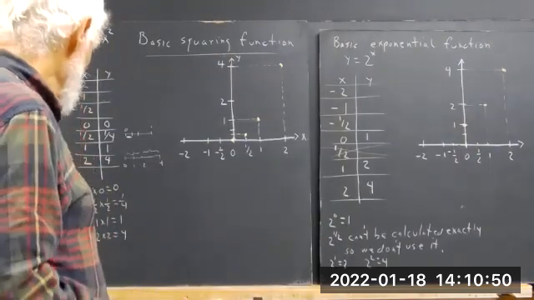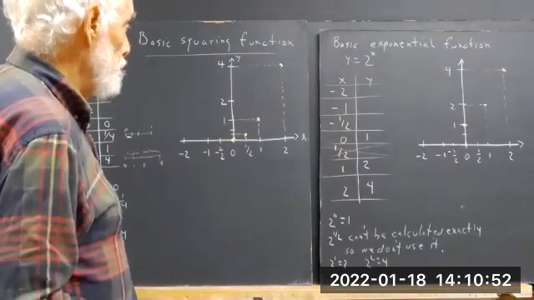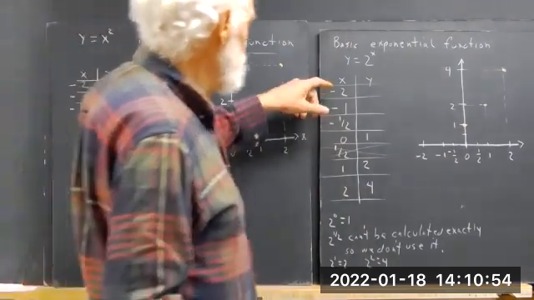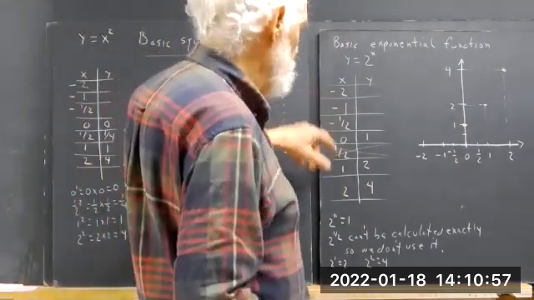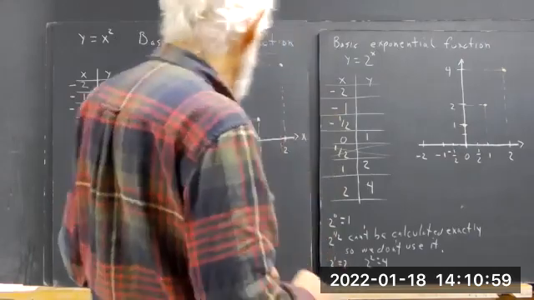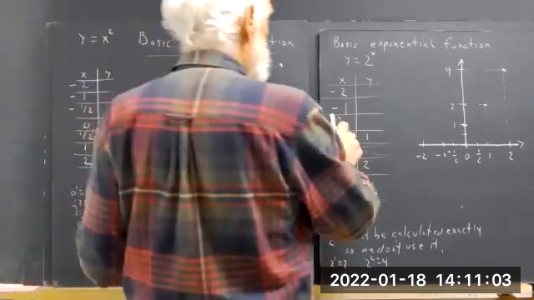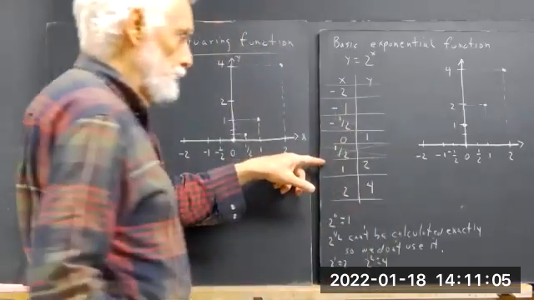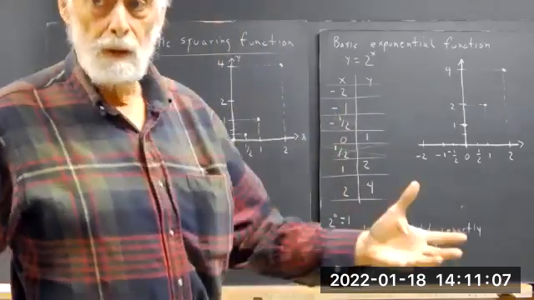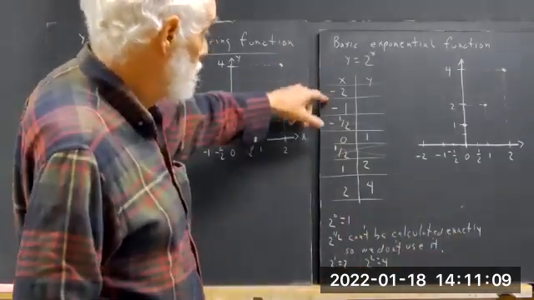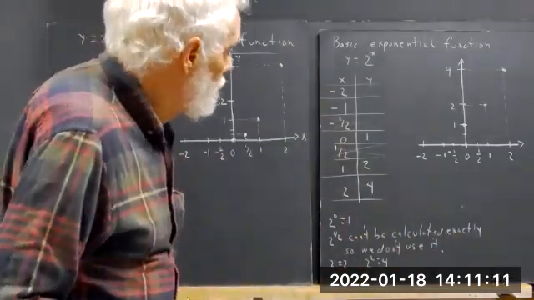Now let's go ahead and talk about how we would calculate 2 to the -2, 2 to the -1. And we're not going to calculate 2 to the -1/2 for the same reason we couldn't calculate 2 to the 1/2. We can't calculate it exactly. So we've only got 2 calculations to do.